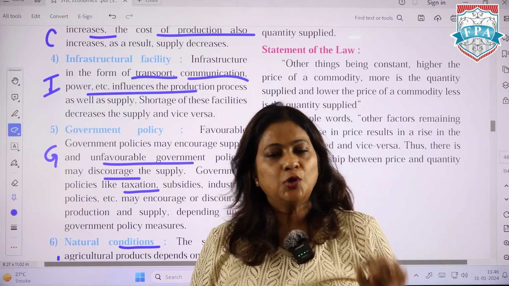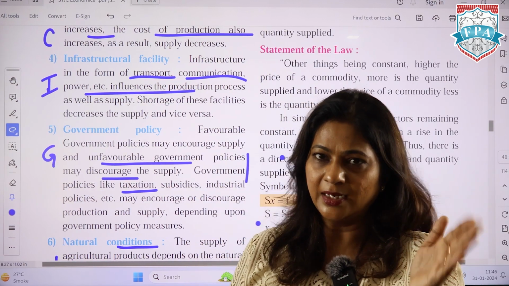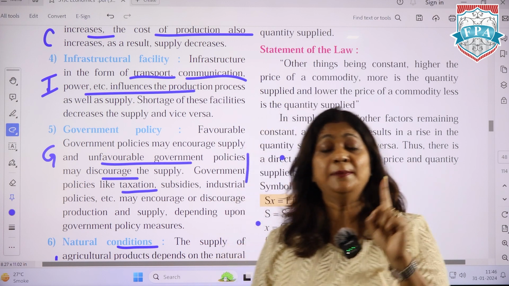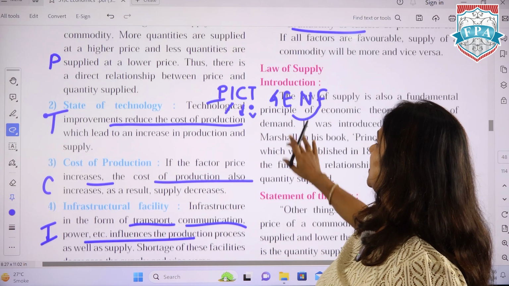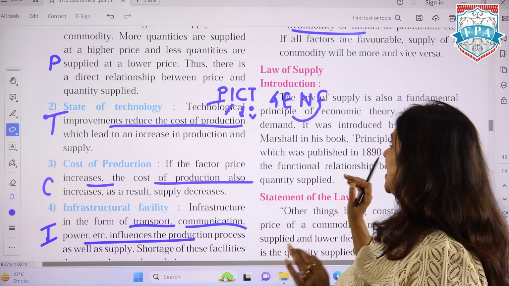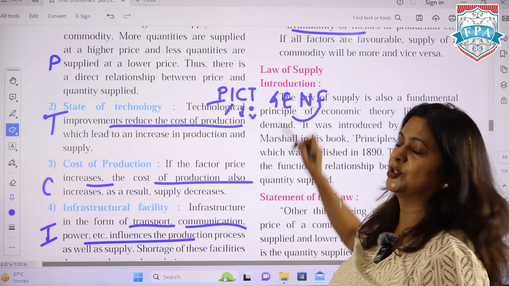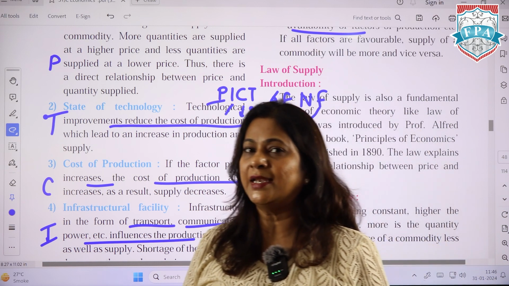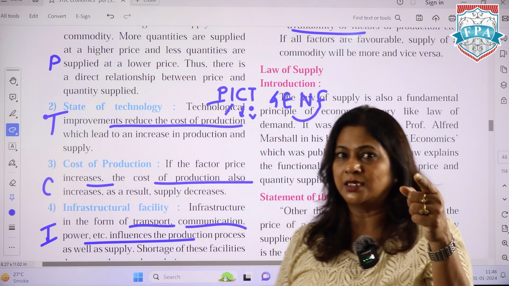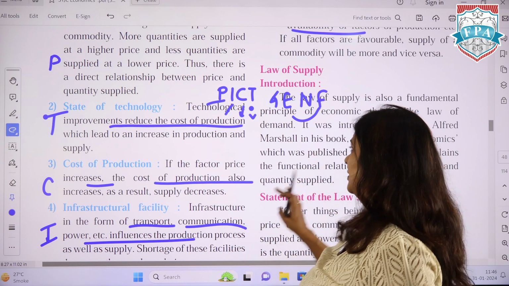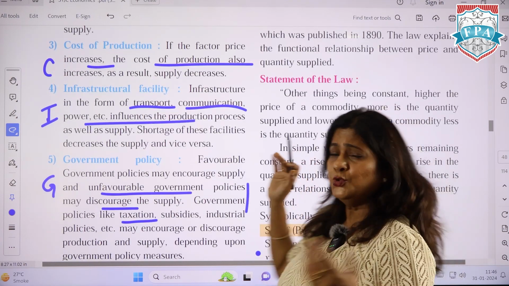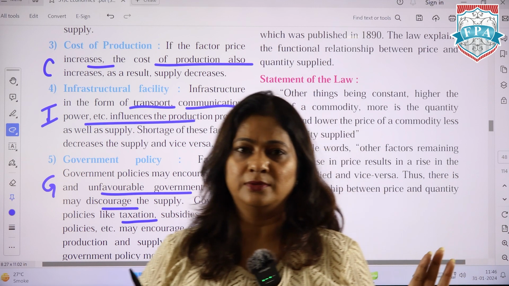Are we good? So now we have understood the factors, right? Remember PICT, and as I said, PICT, GENF. E and F is future expectation, G is government policy, and N is nature. I am making you memorize this, PICT, GENF.